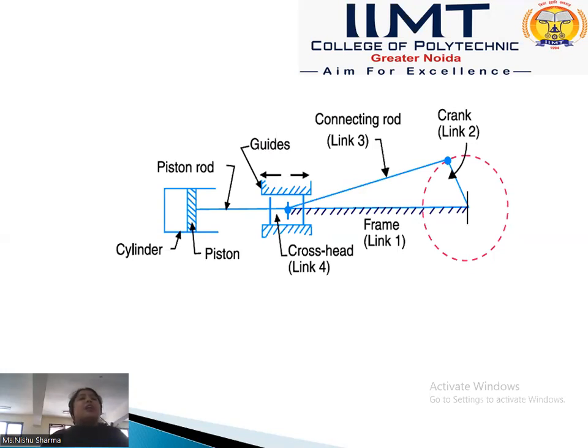So in this diagram, we have four pairs: 1 2, which is a turning pair, 2 3, also a turning pair, 3 4, also a turning pair, and 1 4, which has a sliding motion, so it is a sliding pair. But in a four-bar mechanism, all have a turning motion, so all the pairs are turning pairs.